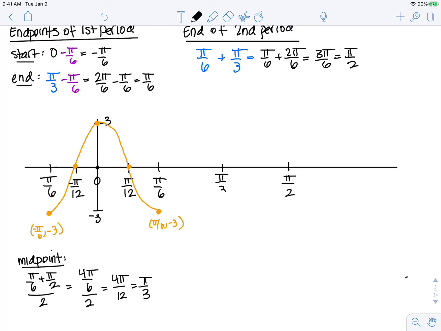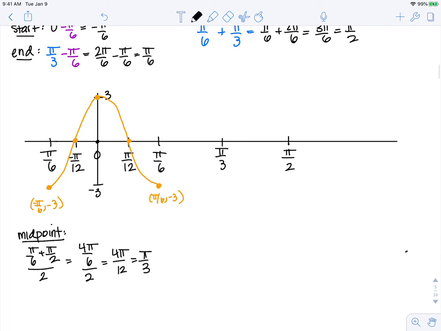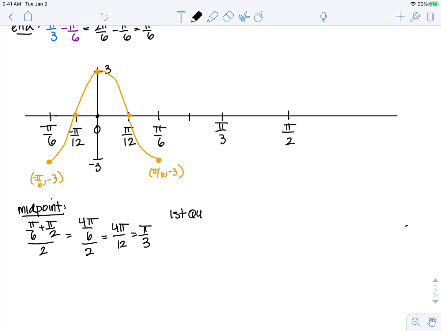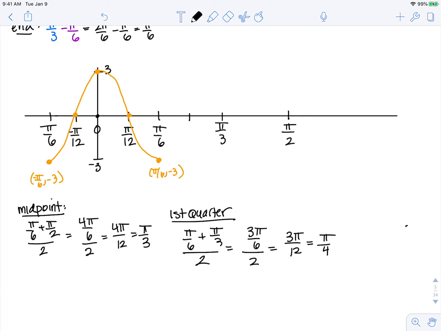So this is pi over 3. Now I need to find that first quarter here. So that first quarter is pi over 6 plus pi over 3 divided by 2, which is going to be 3 pi over 6 over 2, which is 3 pi over 12, pi over 4.